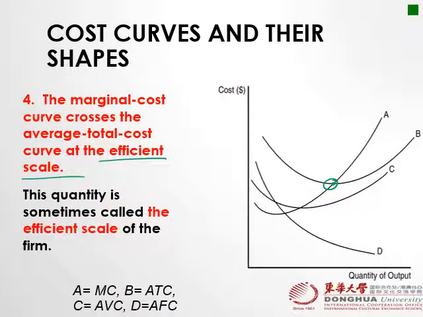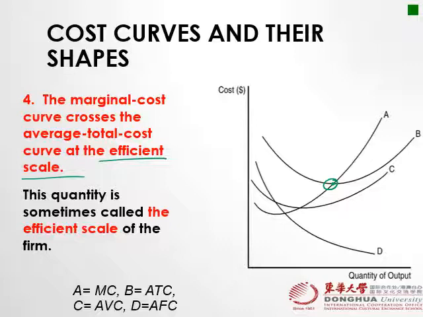The fourth one is that the marginal cost curve crosses the average total cost curve at its efficient scale. So what we learned is that average total cost is U-shaped, right? And the bottom of the U-shaped curve, where when you increase production the cost remains the same, we call this efficient scale.